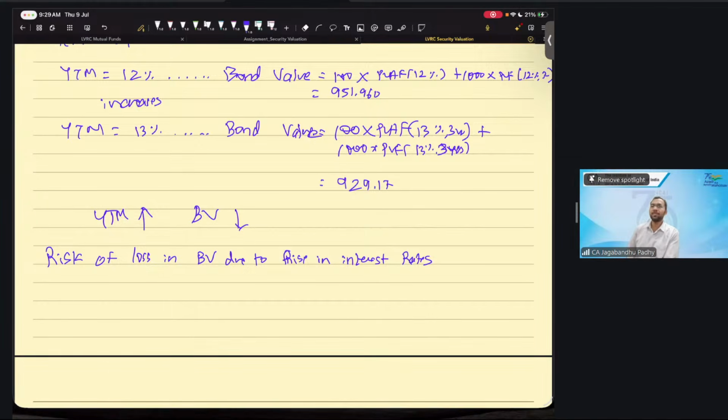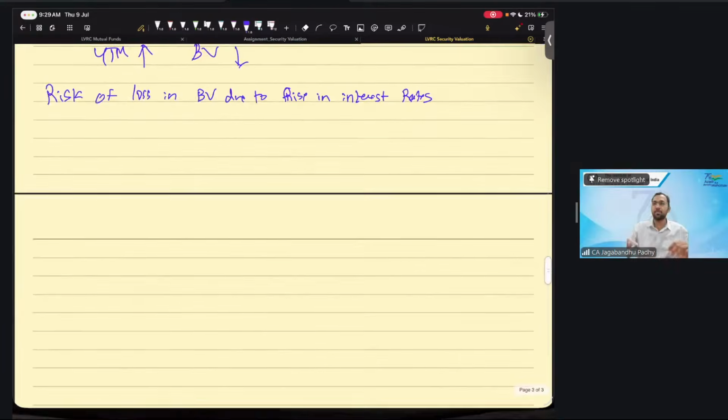So how do we measure this interest rate risk? Okay. This interest rate risk is essentially measured by a term called the modified duration. So let us try to compute the Macaulay duration and modified duration when we are trying to understand what is the risk that we are facing.